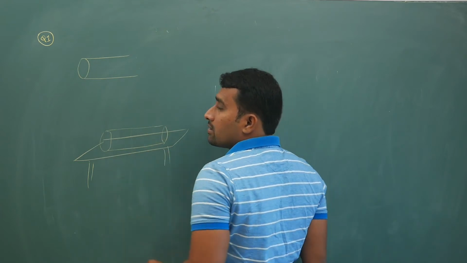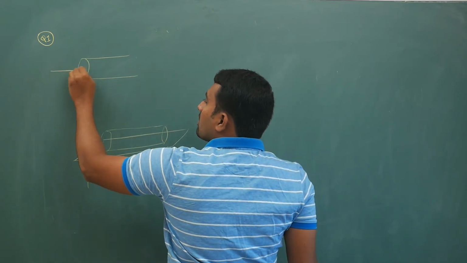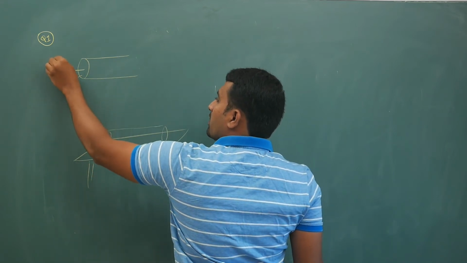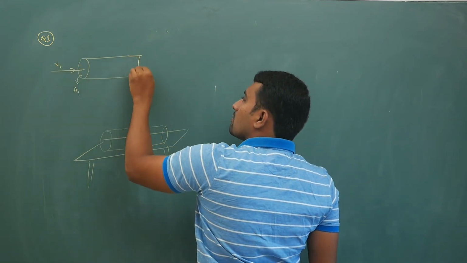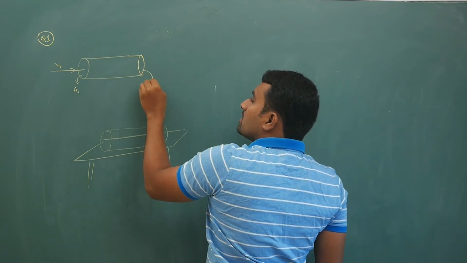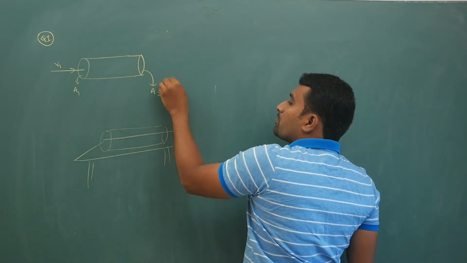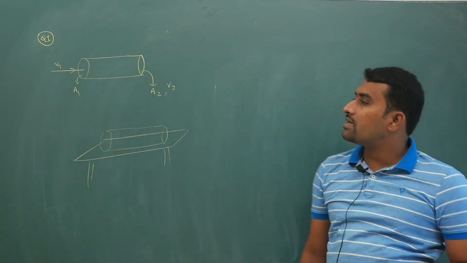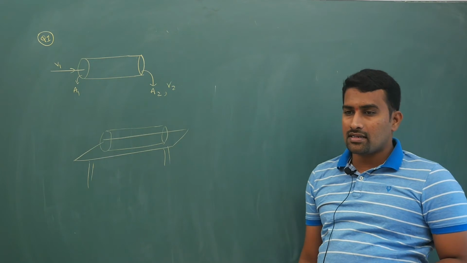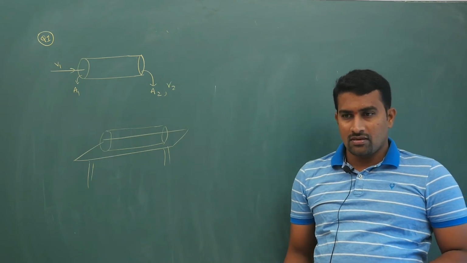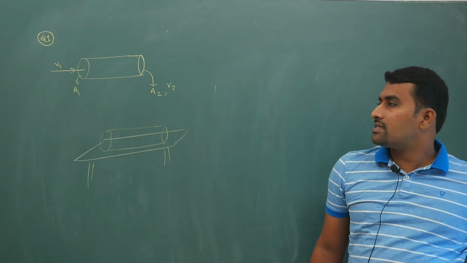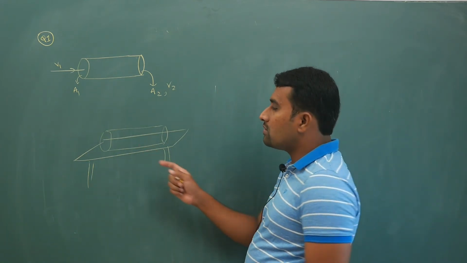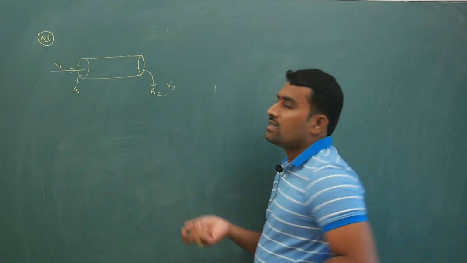Now here liquid is entering, the area is A1 and speed is V1, and here the area is A2 and speed is V2. Now they will ask you, if A1 is greater than A2, is V1 greater than V2? They will ask simple questions like that. If height is changing, we need Bernoulli's equation. If not, you can directly give the answer.